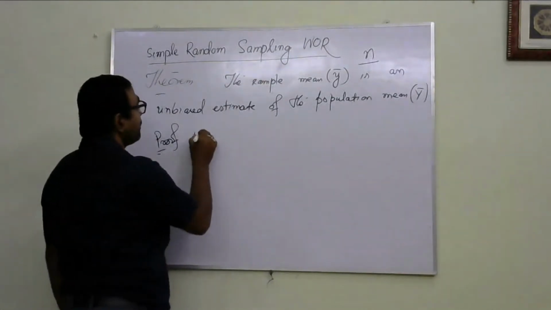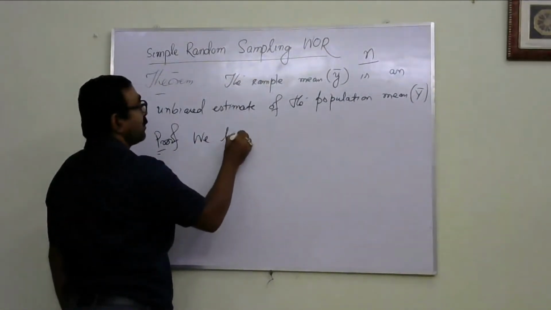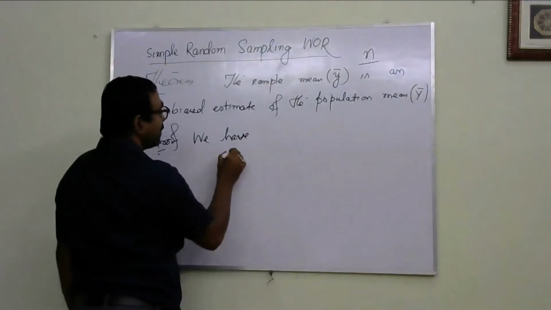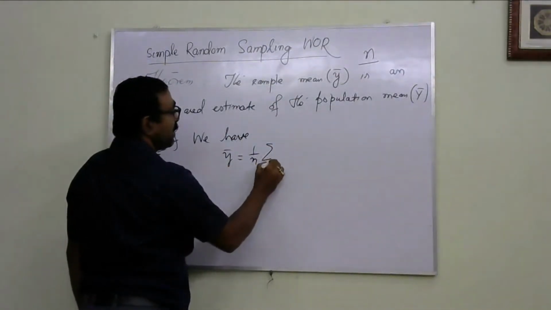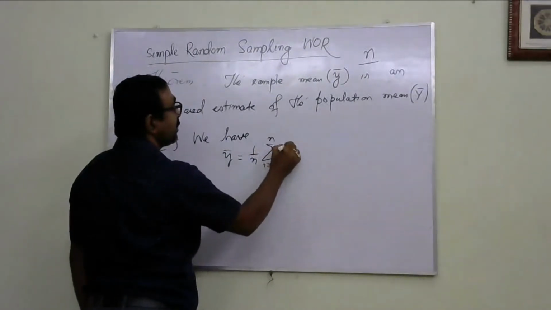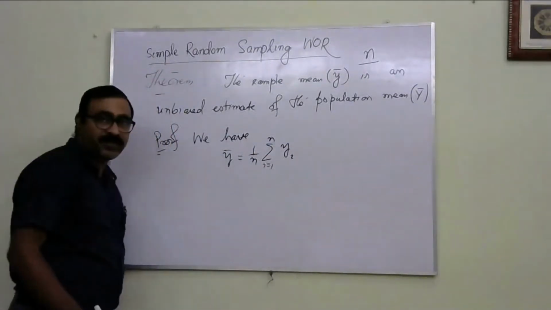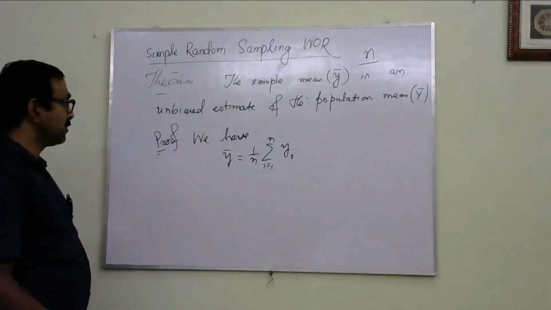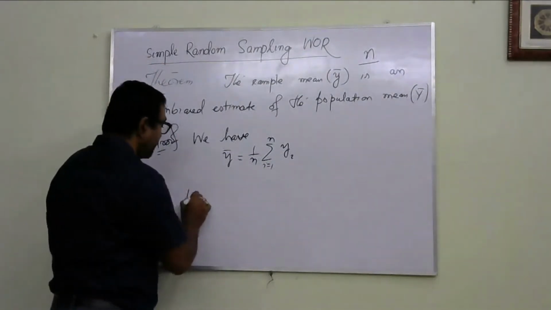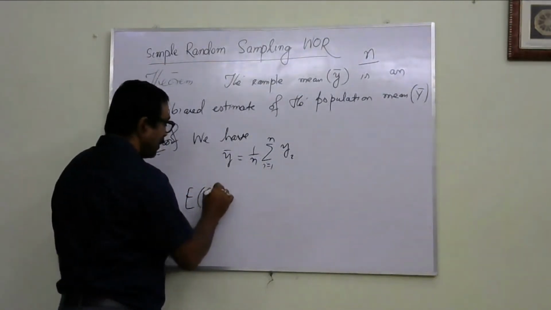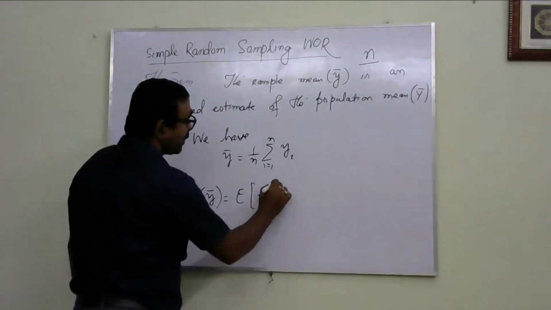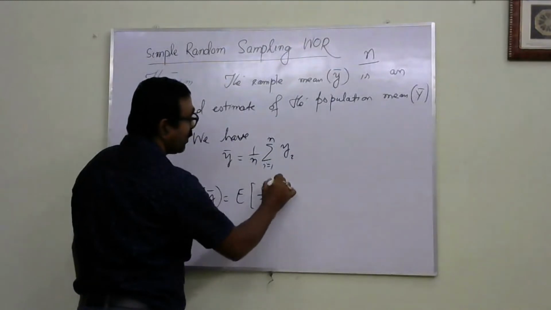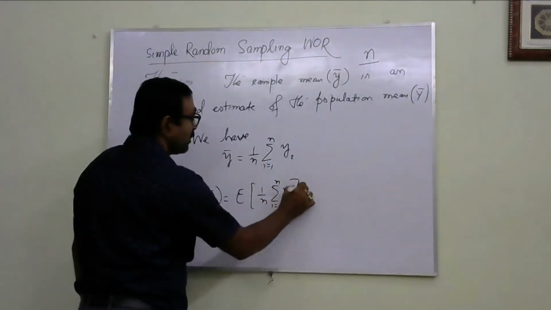So now we have the sample mean y bar equal to 1 by small n summation i equal to 1 to small n, yi. So now expectation of y bar equal to expectation of 1 by n summation i equal to 1 to n, yi.